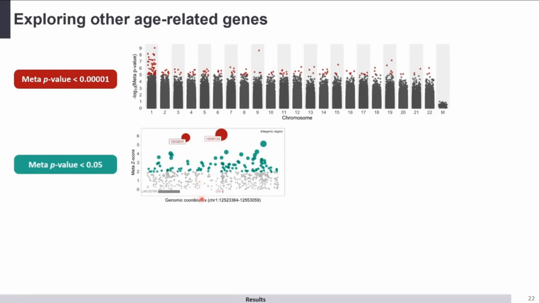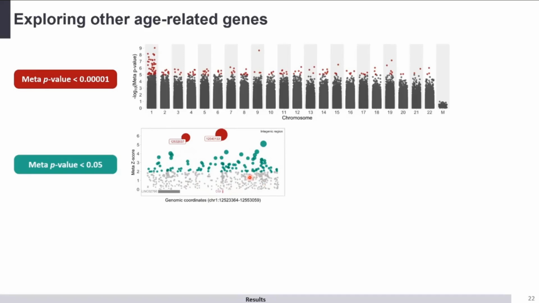Additional CpG sites linked to age, shown in green color, meet the significance threshold with a meta p-value of less than 0.05. CpG sites marked in gray are those identified in the aggregated sequencing data that do not show a significant association with age.